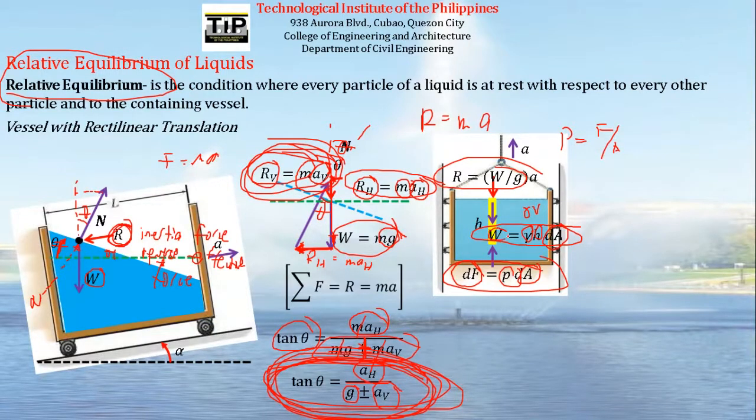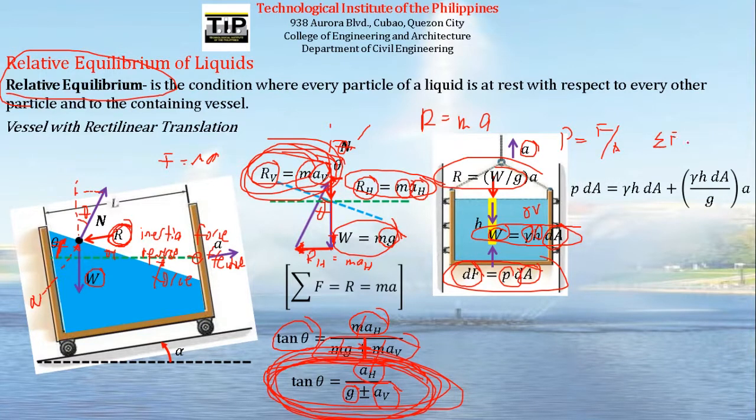So given the weight, we can determine the mass by dividing it by the gravitational acceleration. Then we just multiply the acceleration of the vessel or the container. Okay, so with this, we can come up with the equation.